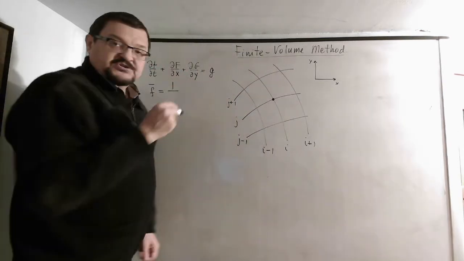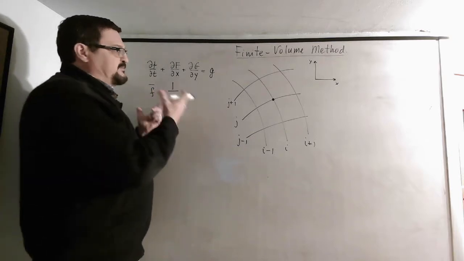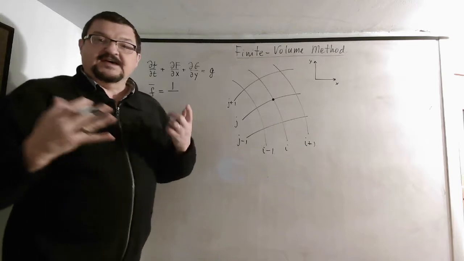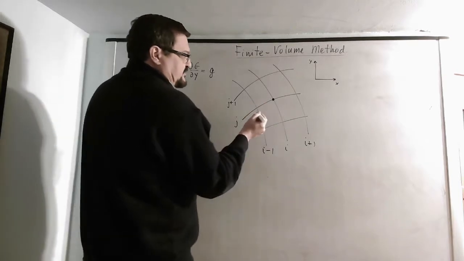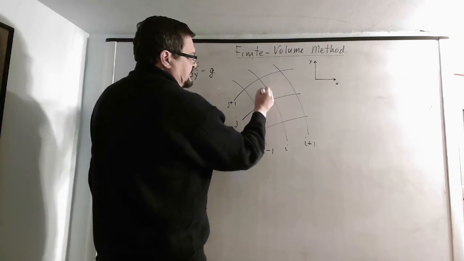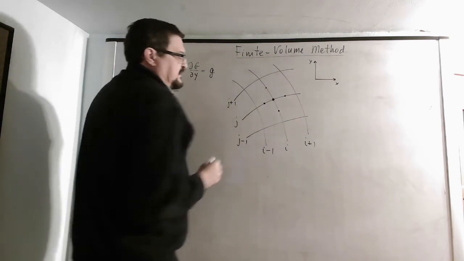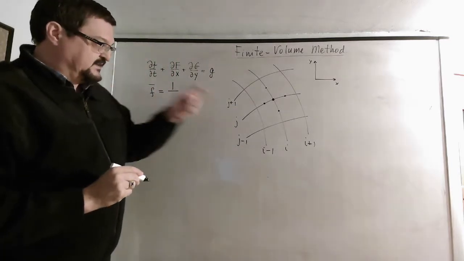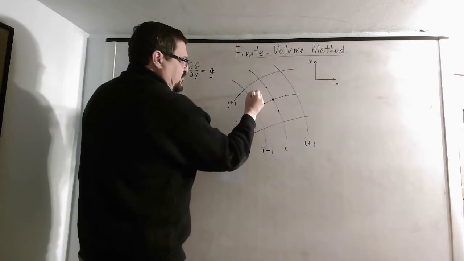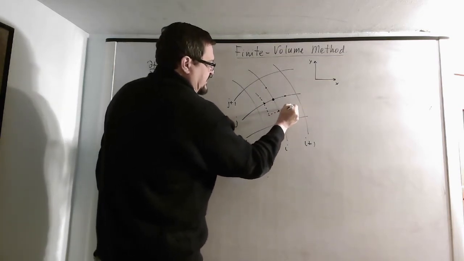And now in finite volume, we need to define our volume. In the two-dimensional case, volume is some area, or cell. So we need to define a two-dimensional cell. Let's basically use the middle of the edges of those big grid cells to define our control volume or our control cell, like that.